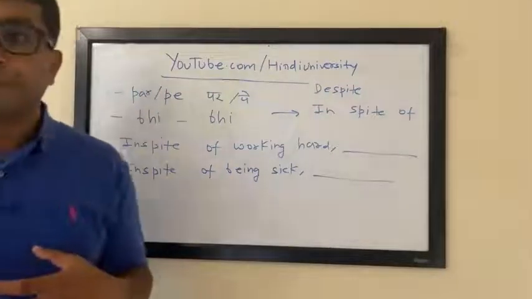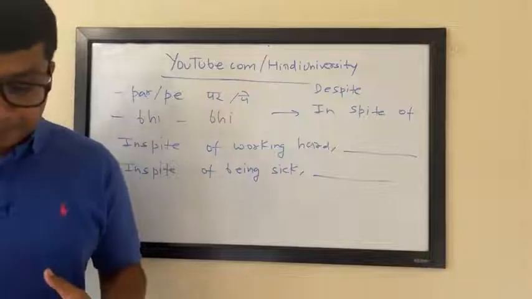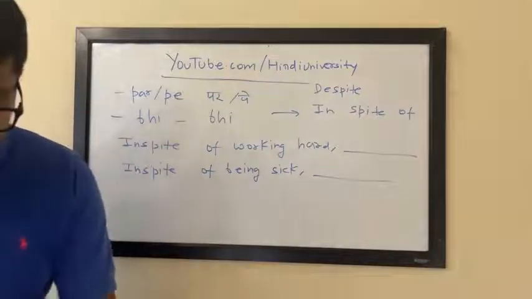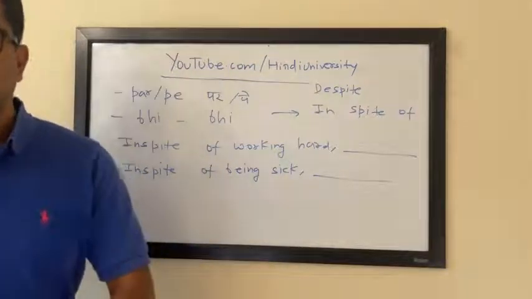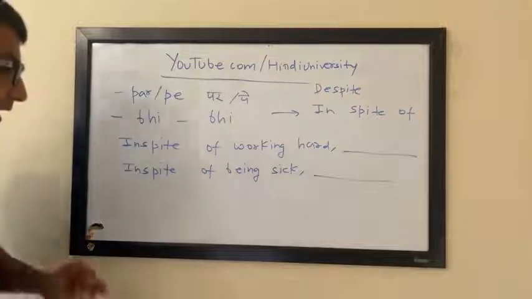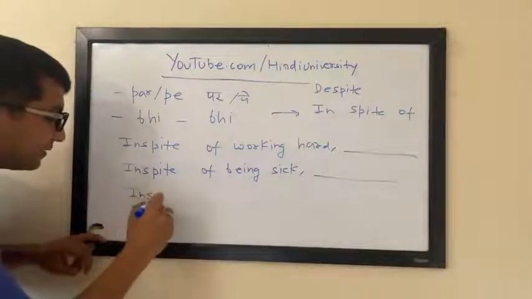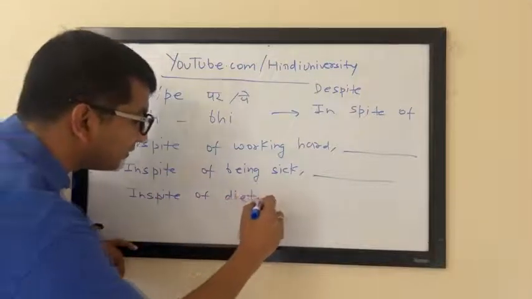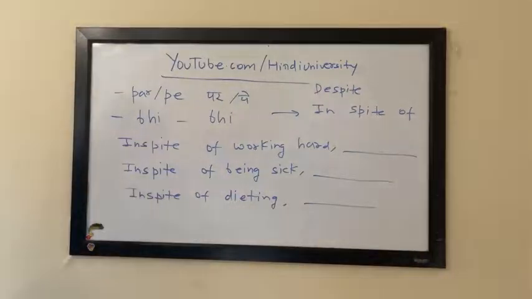Let's say some of your friend is sick and they are on a strict diet. And the doctor gave them the recommendation that if they do diet properly, they will stay fit, they will lose weight. And your sentence is basically in spite of dieting, they are not losing weight, or they are unable to stay fit.